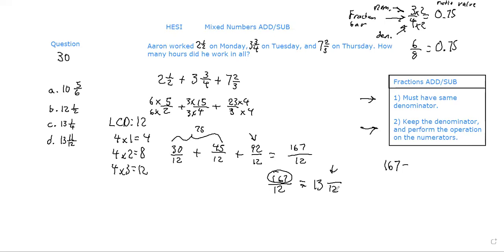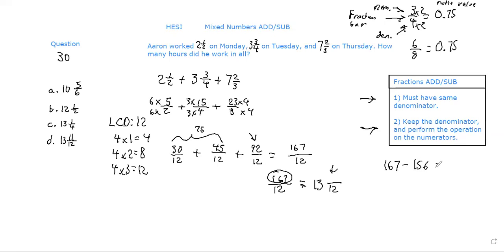Right? So if we multiply 12 times 13, we're going to get, let me figure this out really quickly. We get 156. And again, how do we get this 156? We multiply the 12 in the denominator here by the whole number 13.